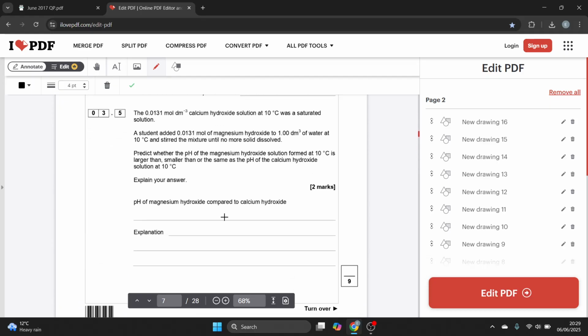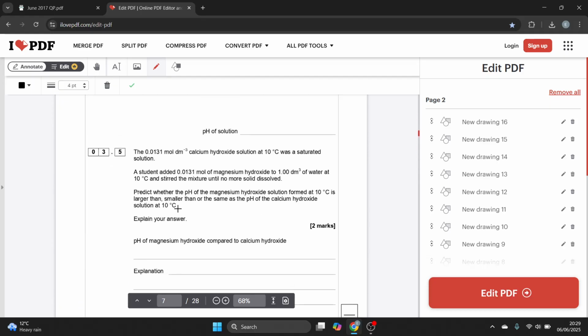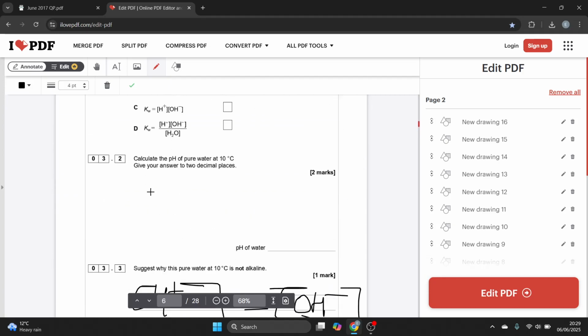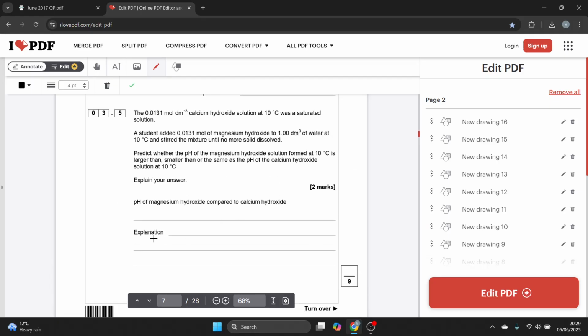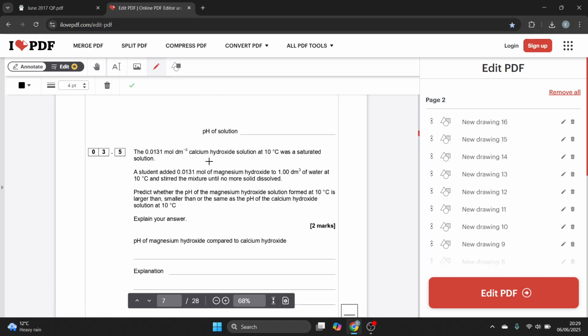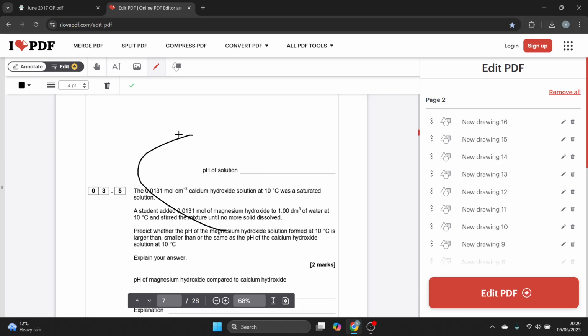Okay, this one is very difficult. I think it's the most difficult question of question 3, because it really requires you to use multiple topics. It says predict whether the pH of magnesium hydroxide is larger, smaller or the same as the pH of calcium hydroxide. What do I know about magnesium hydroxide from group 2 alkaline earth metals?